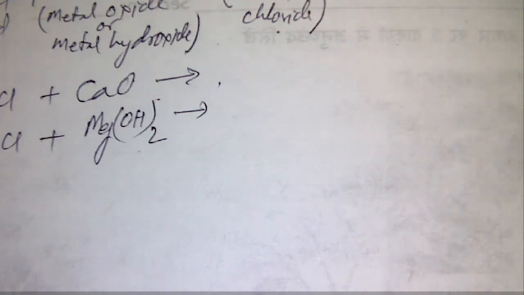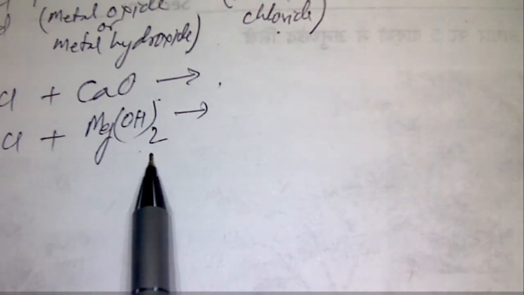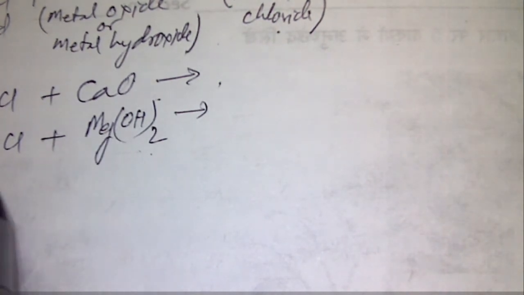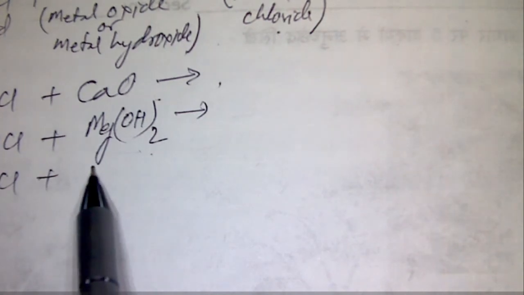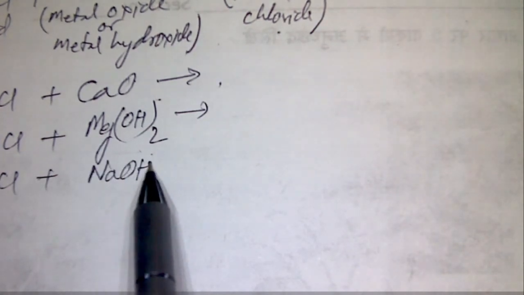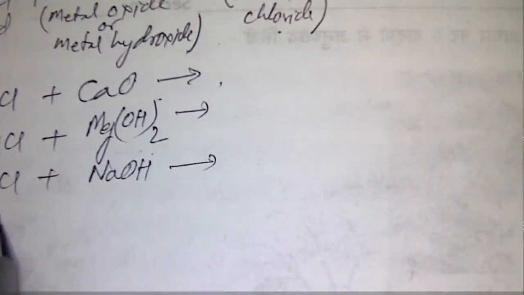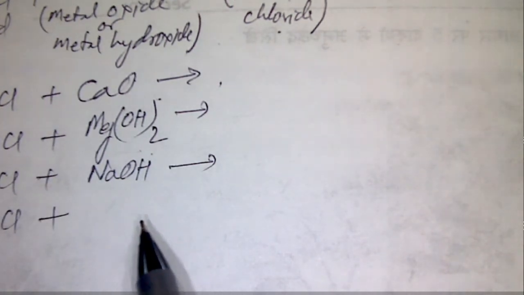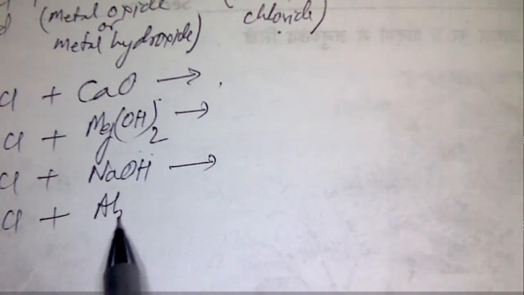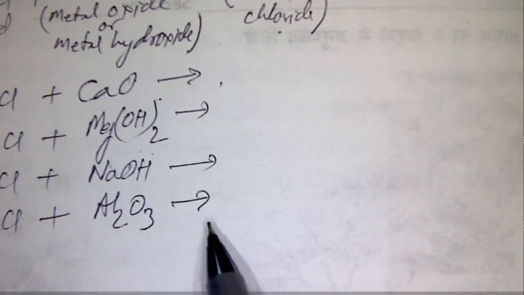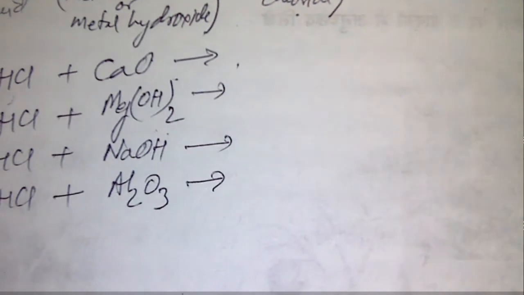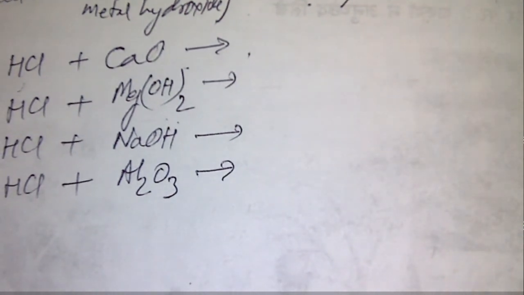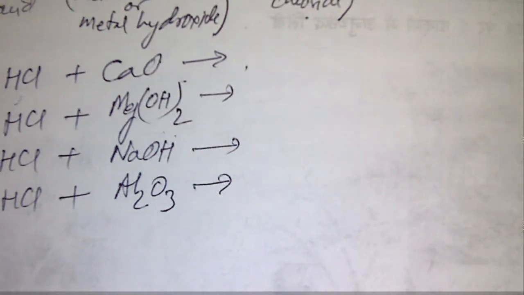Okay, so you write down these things. The names you should be knowing. HCl can react with NaOH also. HCl can react with any acid, reacts with the base to form salt and water. So since hydrochloric acid will form metal chloride as a salt and water.